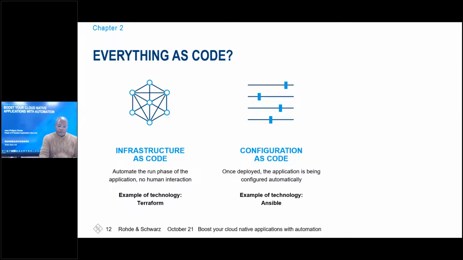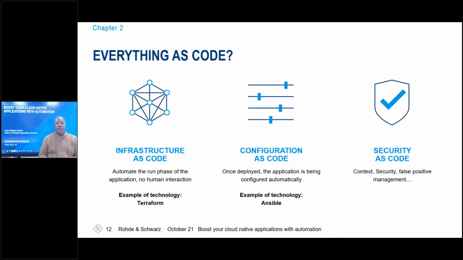It's one of them. So why not think about security as code? You already have the infrastructure, you have the configuration for your app. So why not have this extra insurance that will be the insurance when you go live, that your application is secure enough and protected enough against any threats.